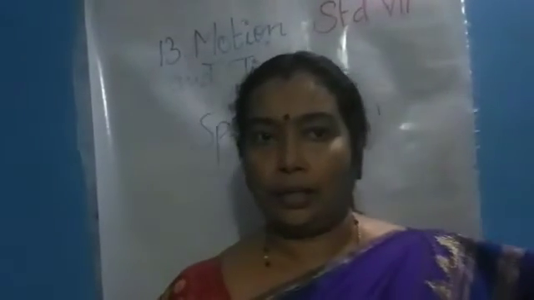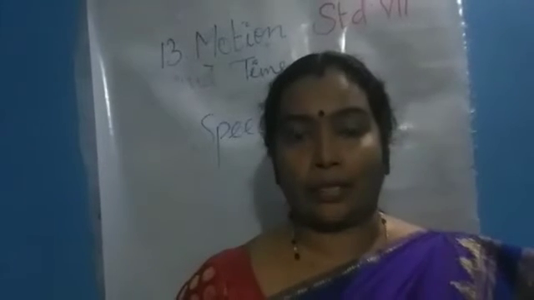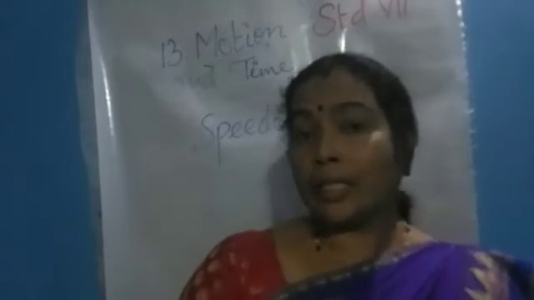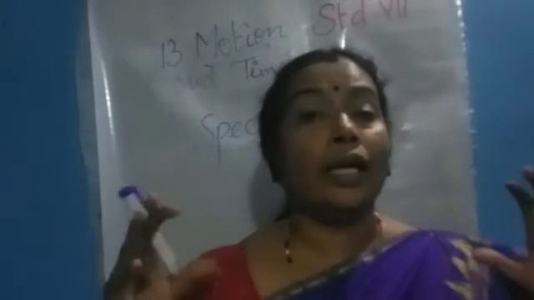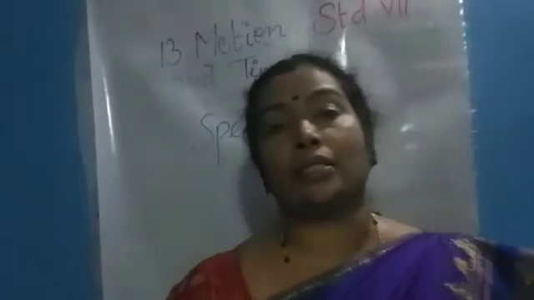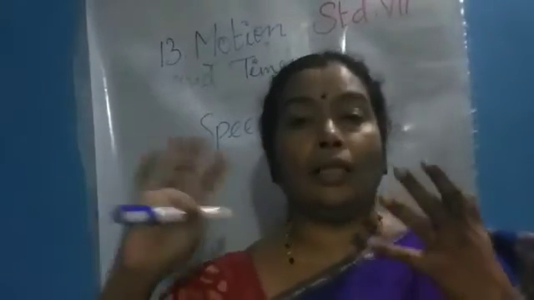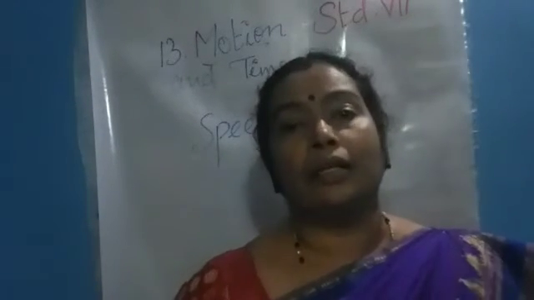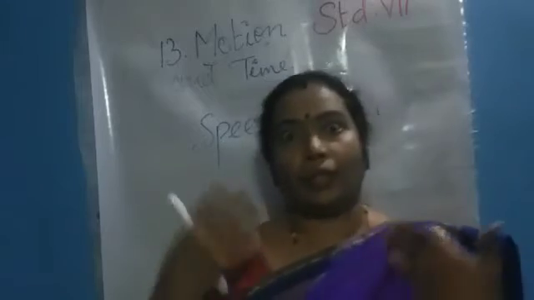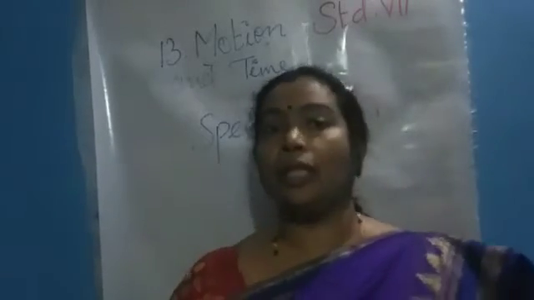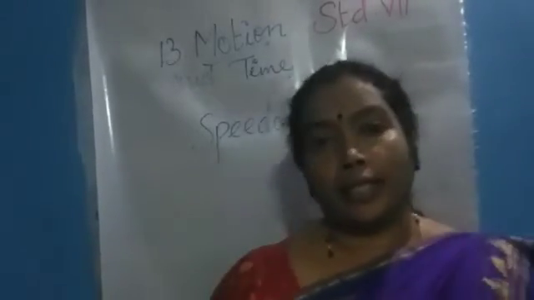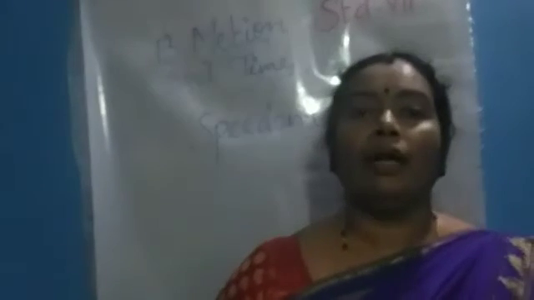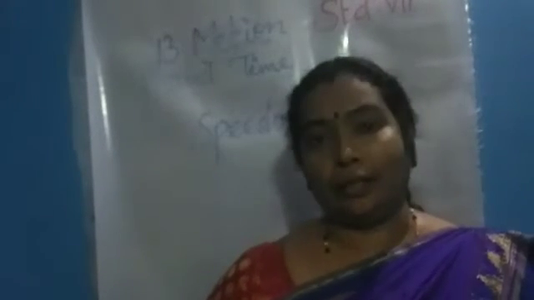And one more dial will be there. That shows the distance, not the instant distance. It gives the total distance the vehicle has moved, how much distance is covered by the vehicle from the starting of the ride.